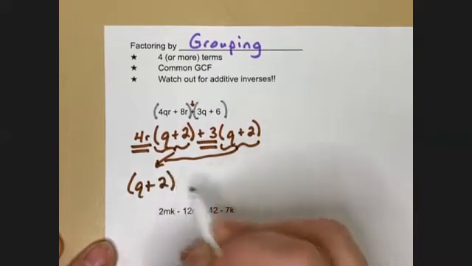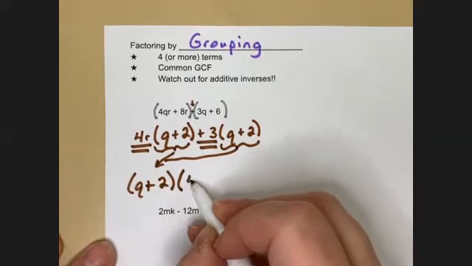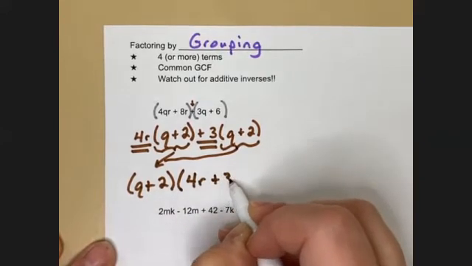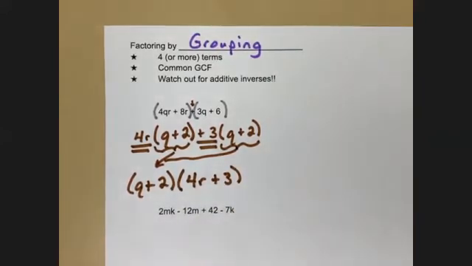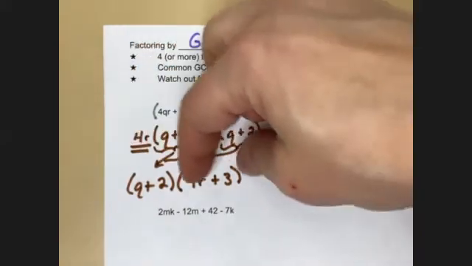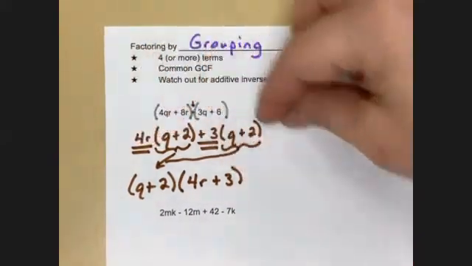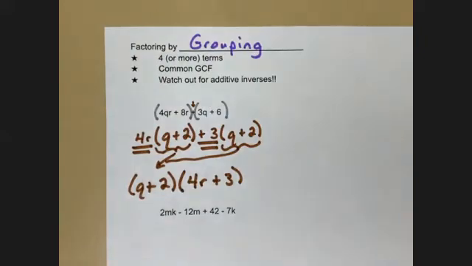Q plus 2, the GCF goes up front. Now these 2 that are left are going to go in a set of parentheses right behind it. And it's kind of like magic, but basically I just pulled this GCF out and what was left is in the parentheses, which is kind of what I did for each of the things as I was going along anyway.